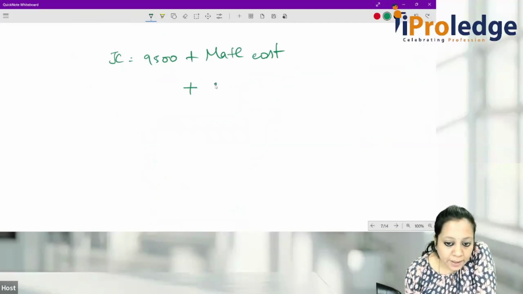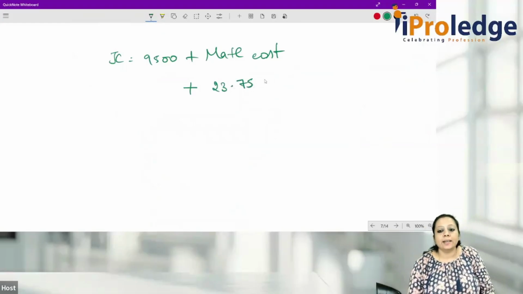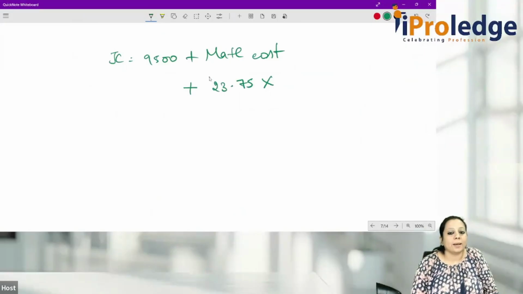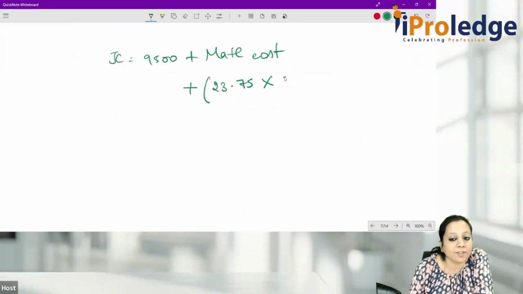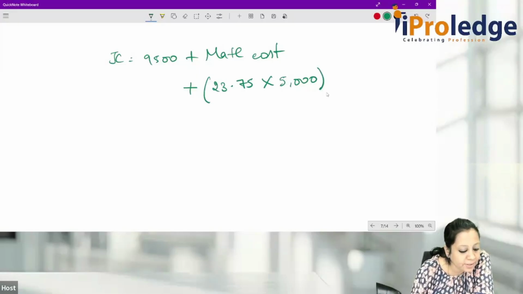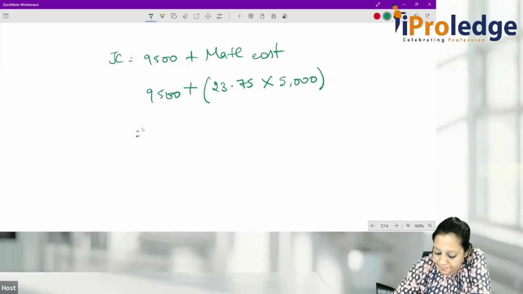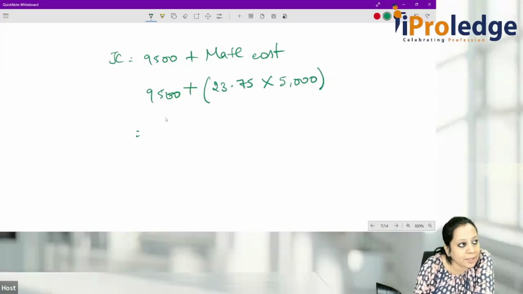Material cost is 23.75 given in the second line into the kgs of material input, 5,000. Plus 9,500. How much is the joint cost, students? 1,28,250.